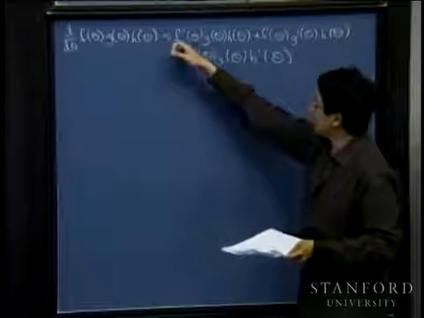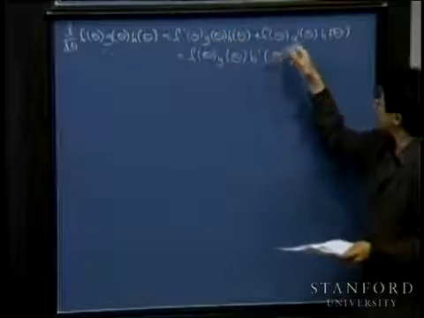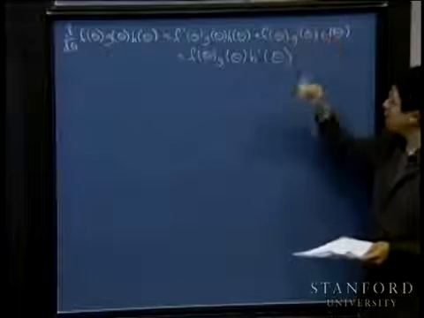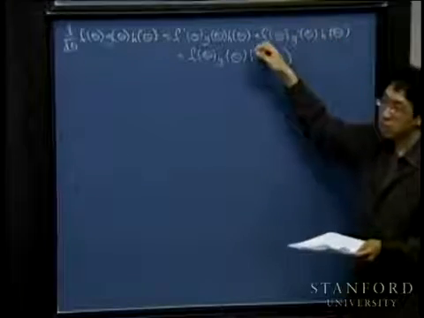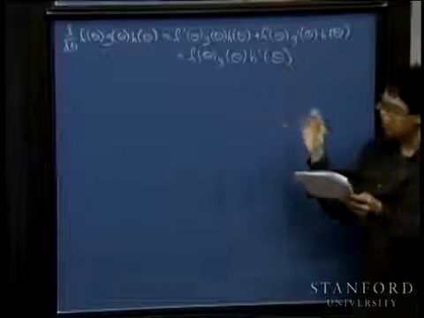So first I differentiate with respect to f, getting f prime, leaving the other two fixed. Then I differentiate with respect to g, leaving the other two fixed. Then I differentiate with respect to h, so I get h prime, leaving the other two fixed. So that's the product rule for derivatives.